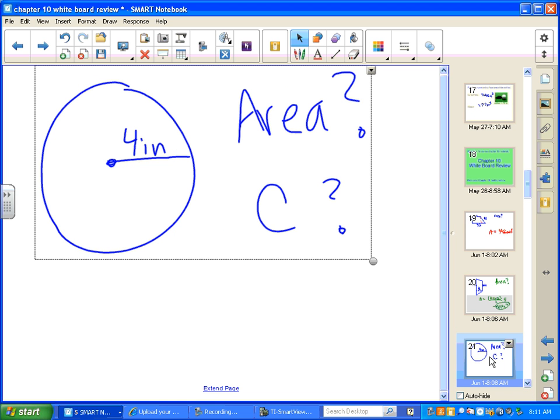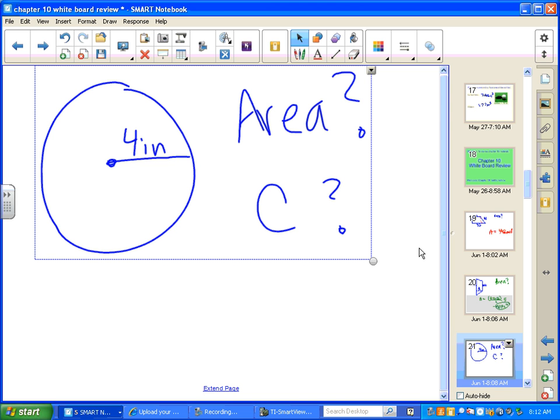Okay, find the area and the circumference. Find the area and the circumference. Perfect, good job, Adam. Briar, great job.